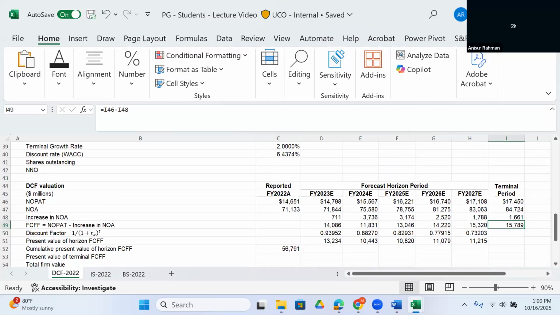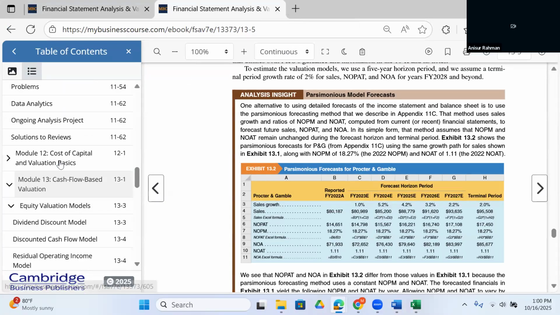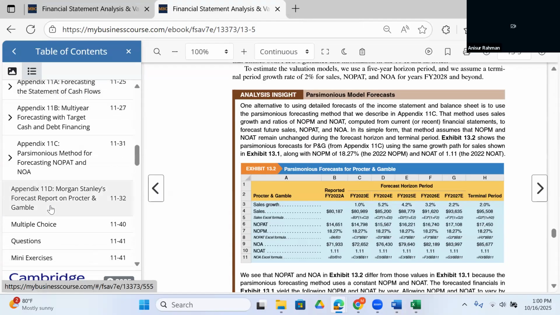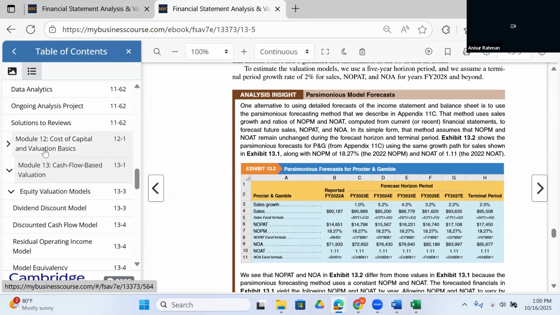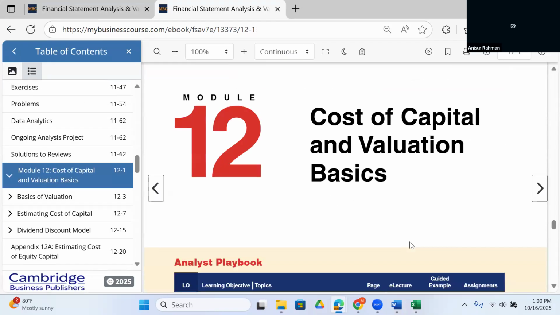So if you remember from our module 12, let me pull up, where we talked about dividend discount model.